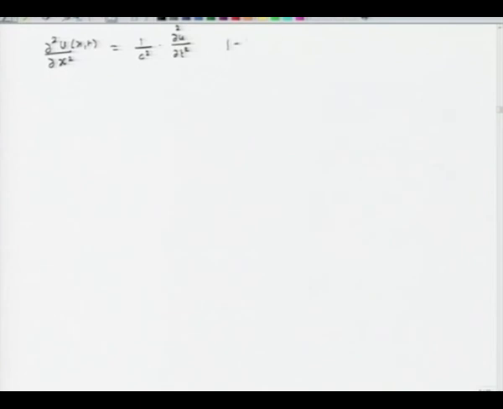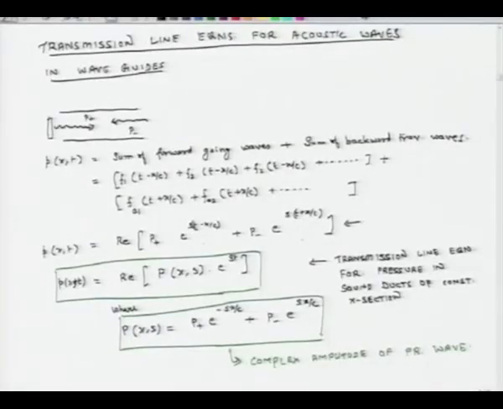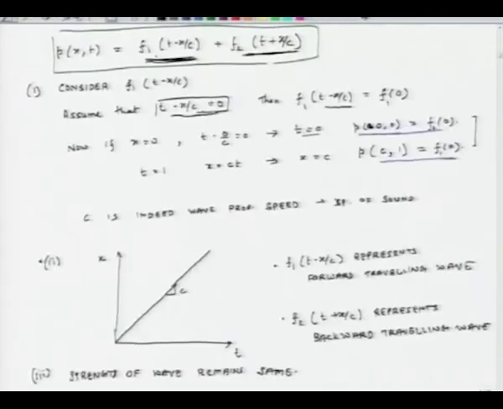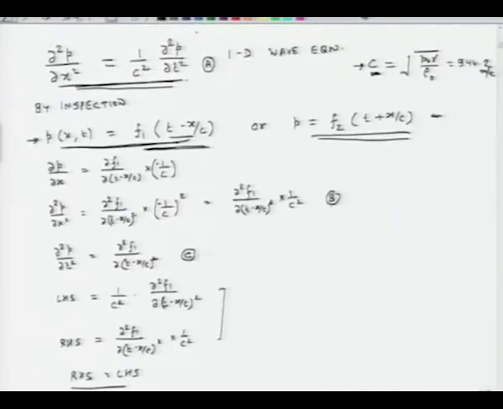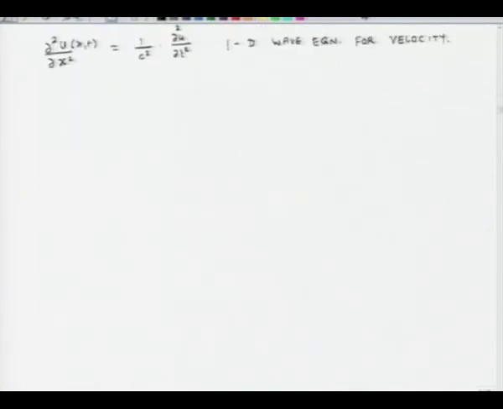So, this is my one dimensional wave equation for velocity, and the form of this wave equation is pretty much the same as the one dimensional wave equation for pressure. So, here also I have del 2 p over del x square equals 1 over c square times del 2 p over del t square, and for the velocity equation the form is exactly the same.